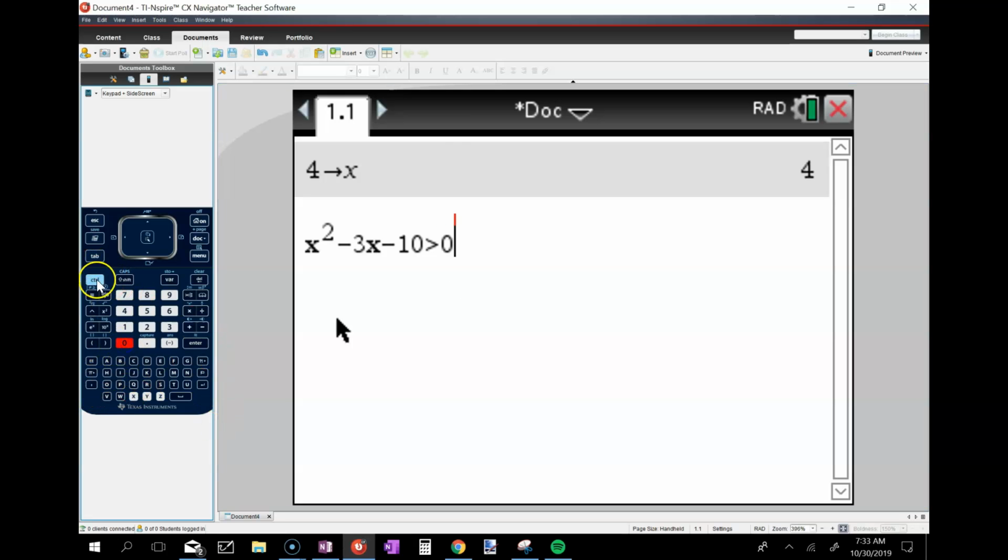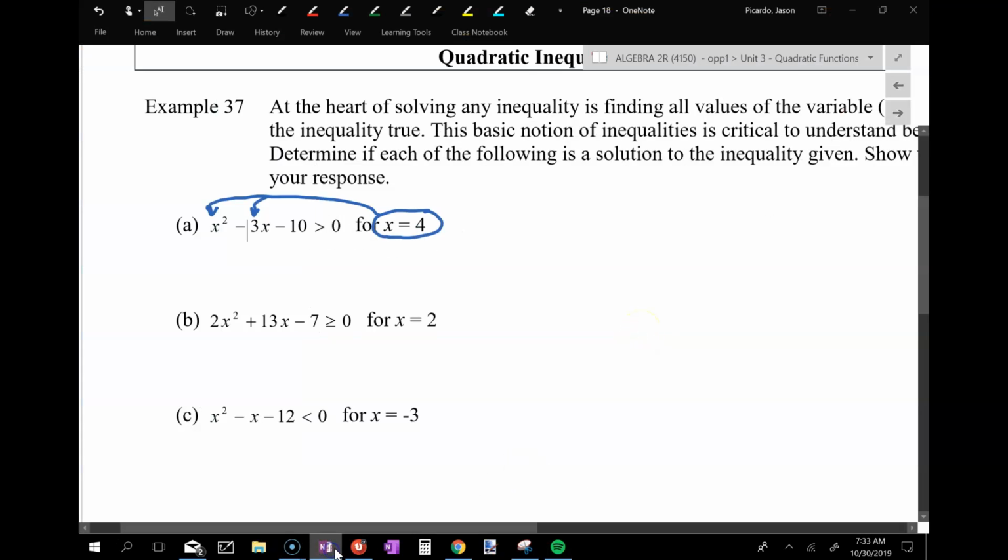And we get greater than underneath the equal sign, right? And this says false. Everybody okay doing that? All right. And again, that's just plugging it in.